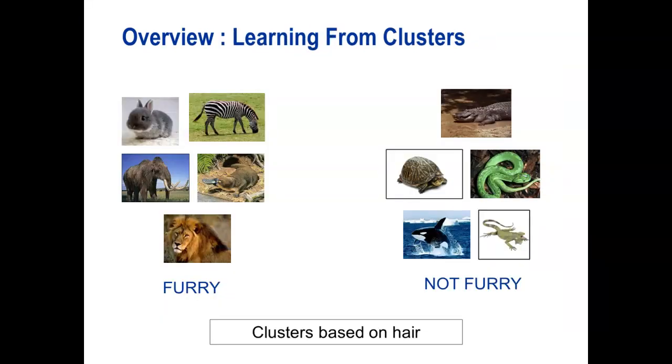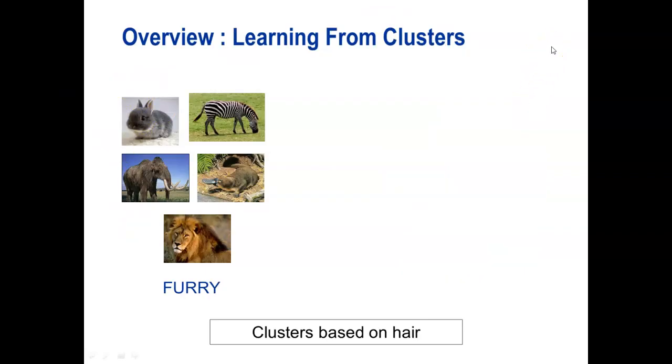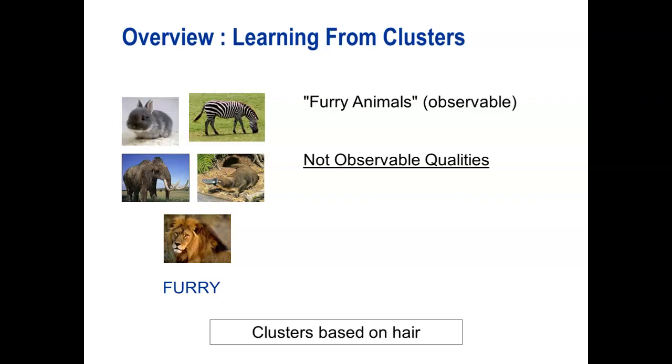Let's go back to this example where we had the animals broken down by the fact that they were furry or not furry. Now, you might remember from grade school where you learned about mammals and reptiles. They have certain features. Let's look at these furry animals first. It's observable that these animals have fur on their skin, but they have things that are not observable.